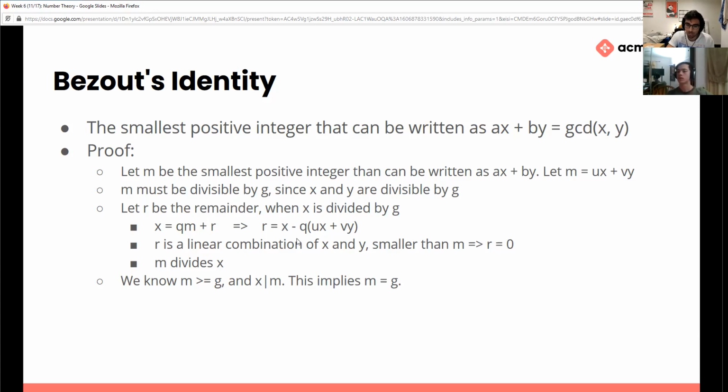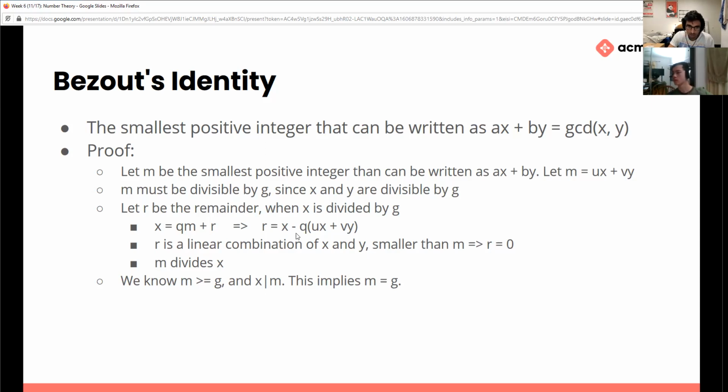So r is a linear combination of x and y, but we also know r is less than m, since r is the remainder when we divide x by m. If r is smaller than m and a linear combination of x and y, but m is the smallest positive linear combination, then r has to be 0, right? And that implies that m divides x.